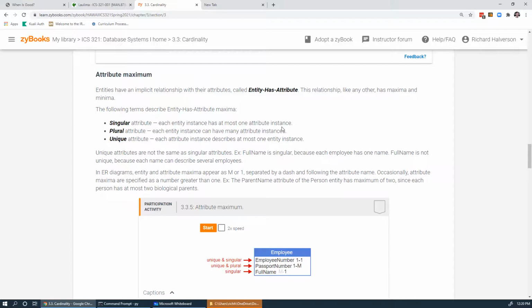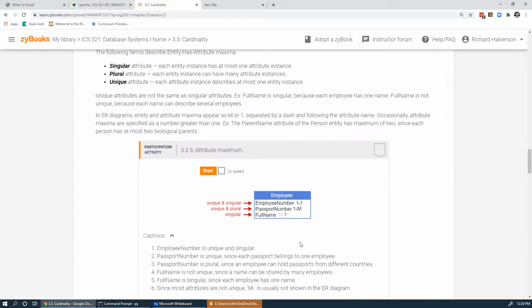Parent name attribute of a person entity has a maximum of 2, since each person has at most 2 biological parents. Sure, got that. Okay. So employee number, it's sort of a one, unique and singular.